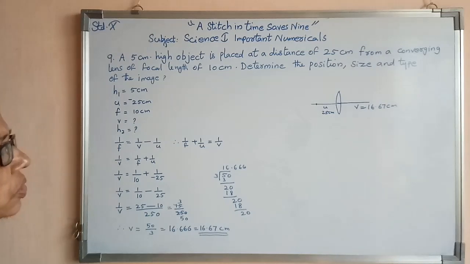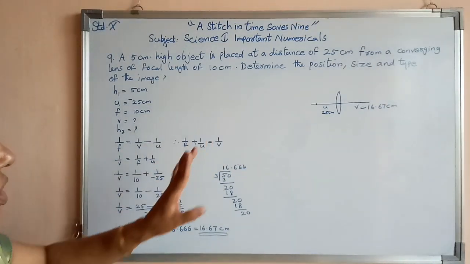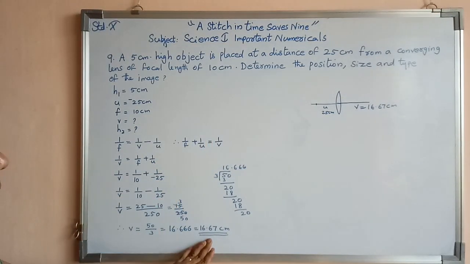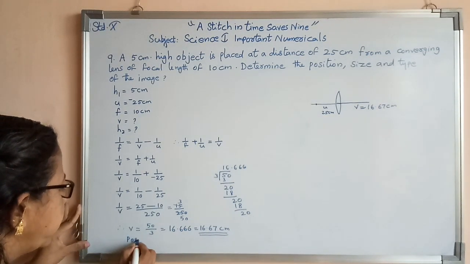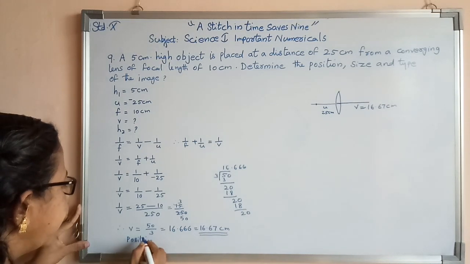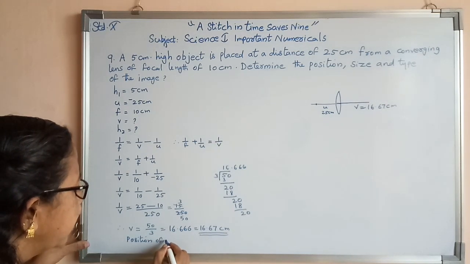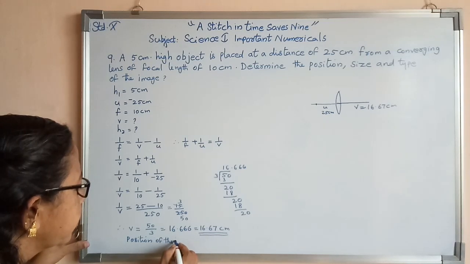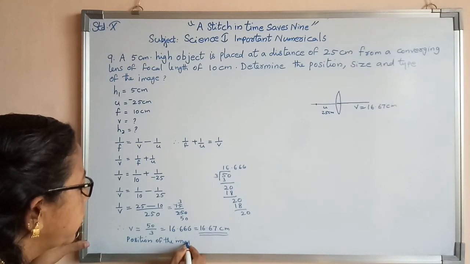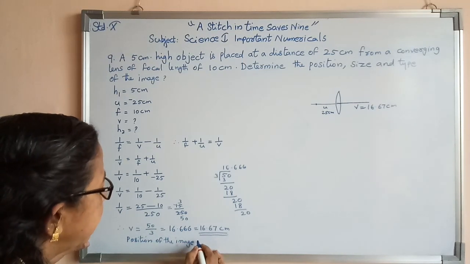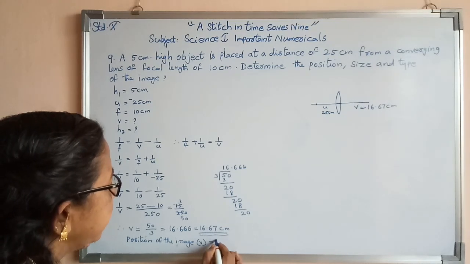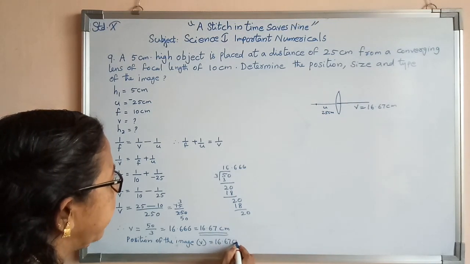So we can write here the position of the image we have got: position of the image, that is v, is equal to 16.67 centimeter.